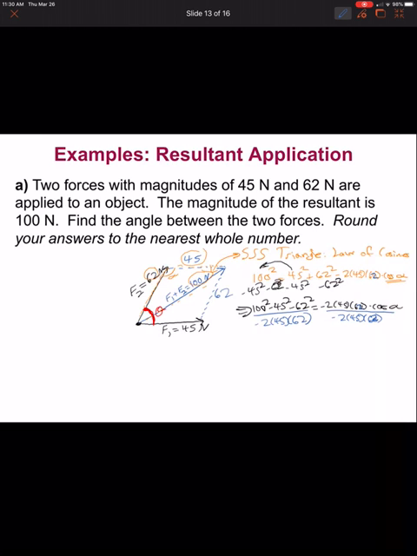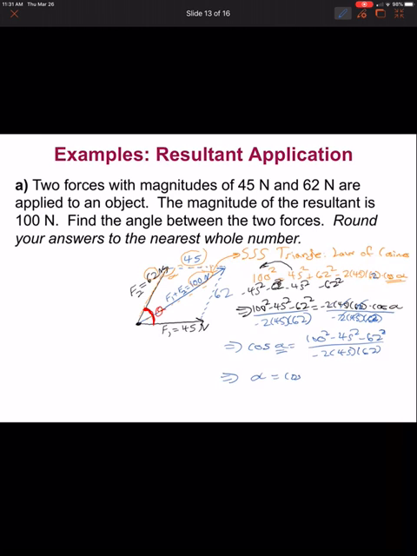Now we've isolated cosine alpha. The cosine of alpha is equal to 100 squared minus 45 squared minus 62 squared, divided by negative 2 times 45 times 62. Now we've got the function value of alpha, but we want alpha, so we're going to have to use the inverse function.